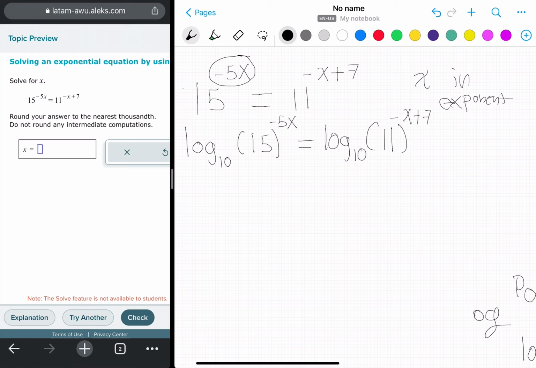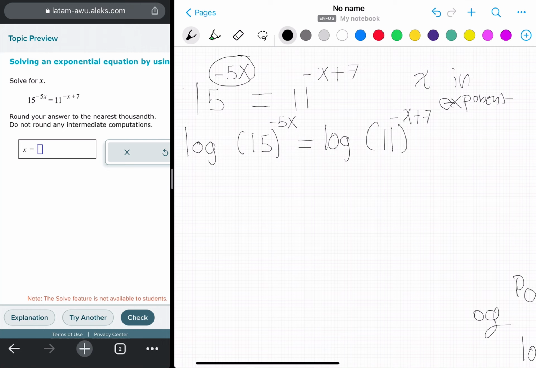Remember, it's always optional to write the 10. When you have a logarithm base 10, you can choose to write this 10 or not, so I will not write it. I know this is a base 10 logarithm.